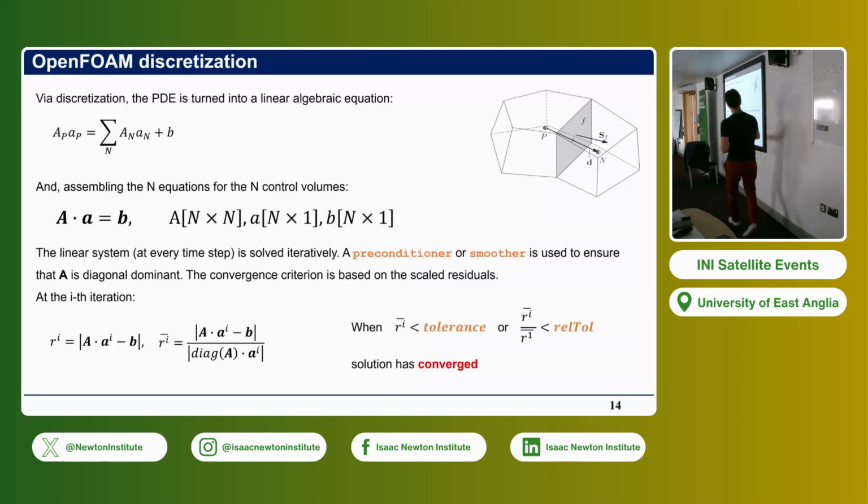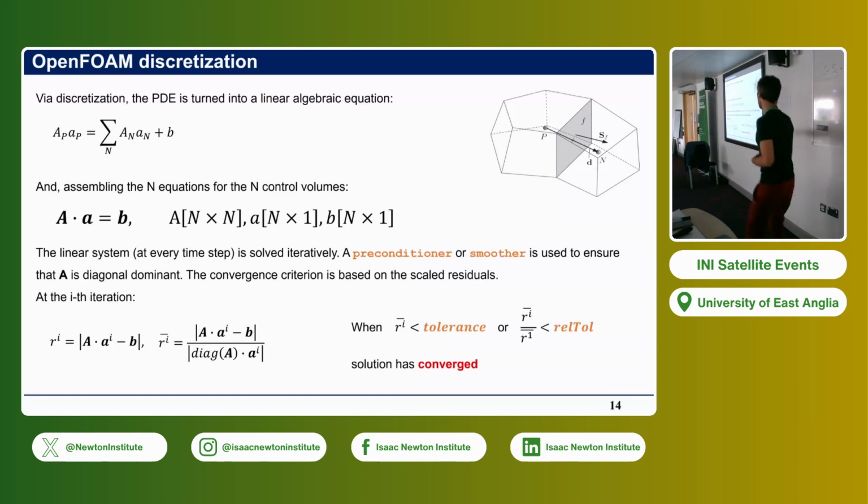So I don't need to go to 10 to the power minus 6 every time during the initial corrector steps. You can choose to just go 100 times smaller than the residuals you have at iteration 1, and that will be enough. You can set both, and OpenFOAM will stop, I think, when the first of the two is satisfied.